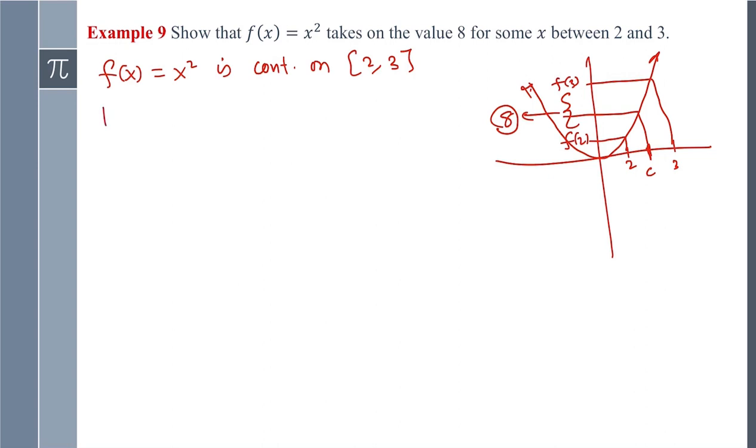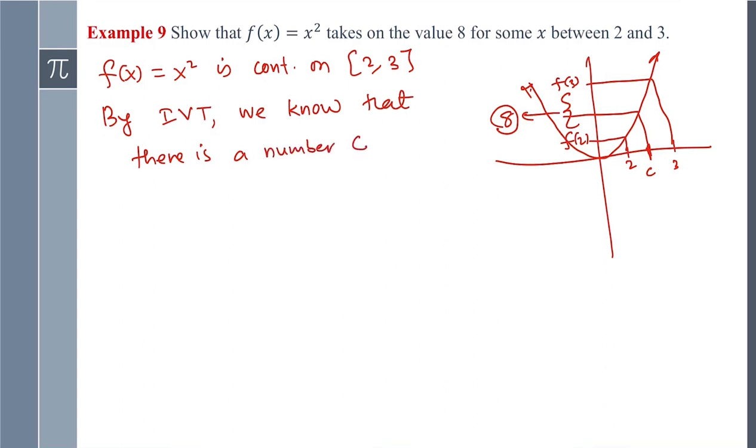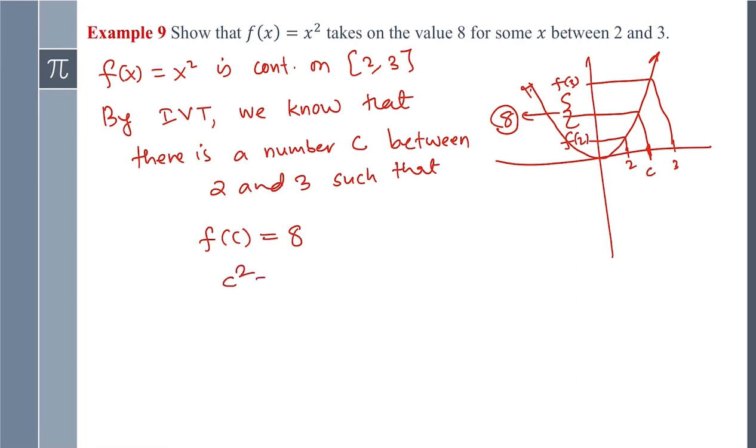That means by the intermediate value theorem, we know that there is a number c between 2 and 3 such that f of c equals 8. So f of c is c squared equals 8.